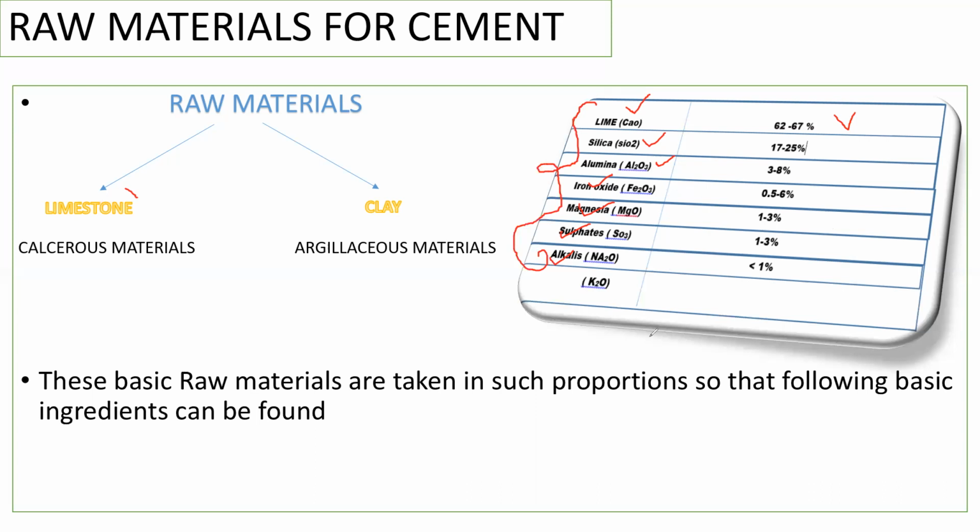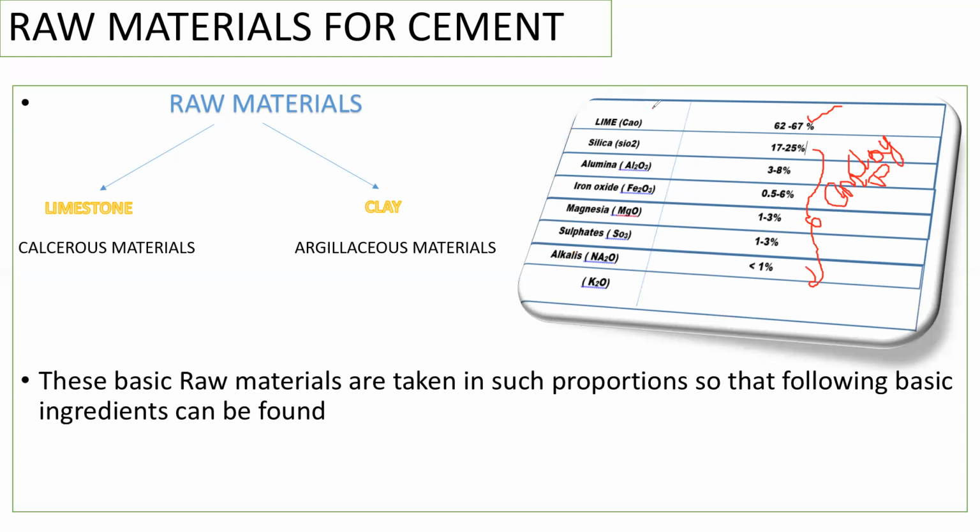So basically what we are trying to do now, again, we have taken lime. So this is lime. And these things what we have now, that is silica, alumina, iron oxide, magnesia, these are actually impurities, and these are there inside the clay.